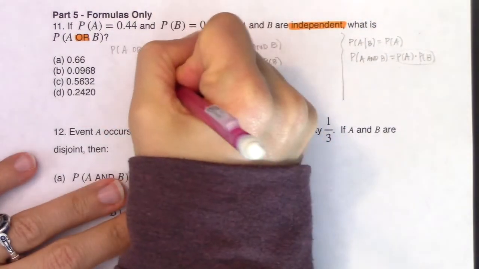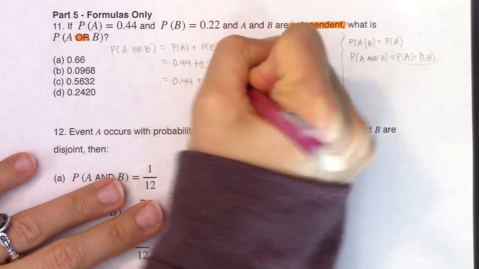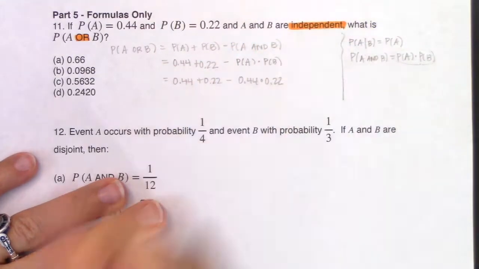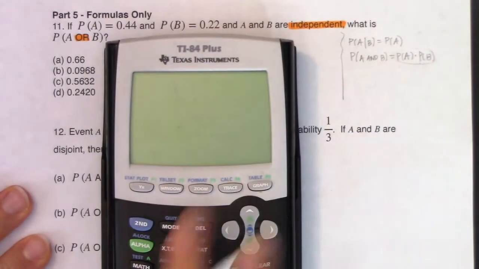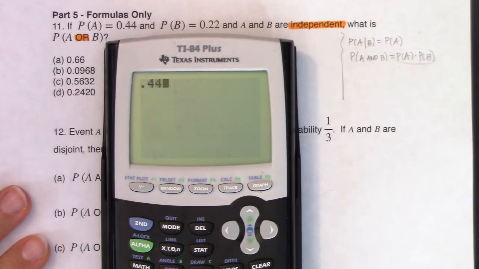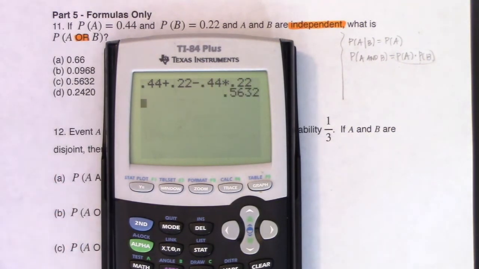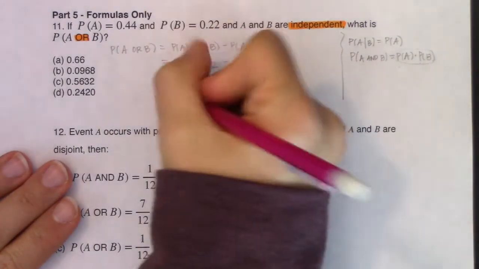So this then simplifies. I know this is 0.44, this is 0.22, and this is 0.44 times 0.22. Now whatever that number is, that's gonna be my end answer. So let's figure this out. We're gonna go 0.44 plus 0.22 minus 0.44 times 0.22, and we're looking at about 56%, so 0.5632.